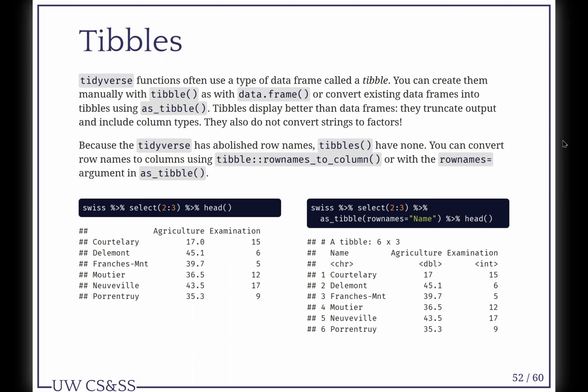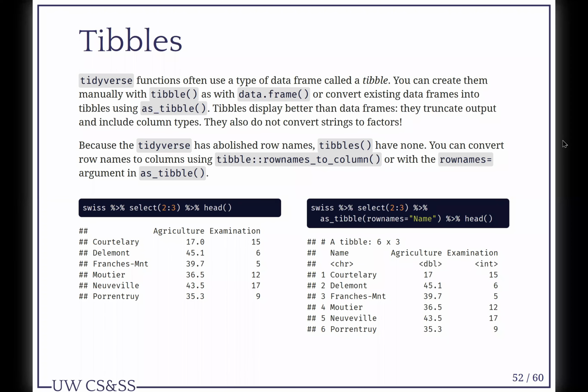They truncate output and include column types. They also do not convert strings to factors. The only reason I say that is that prior to R 4.0, that was the default. This is no longer the case. They got rid of that. So if you're running on an old R version because, I don't know, you really like some bioconductor package, note that your strings might get converted to factors.